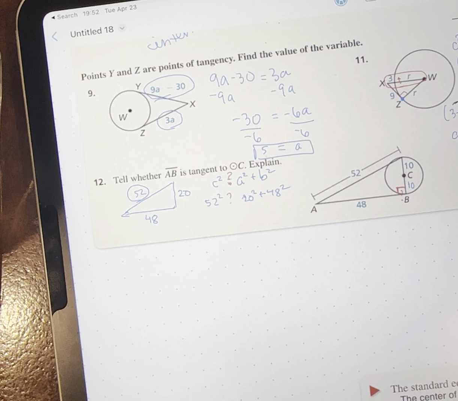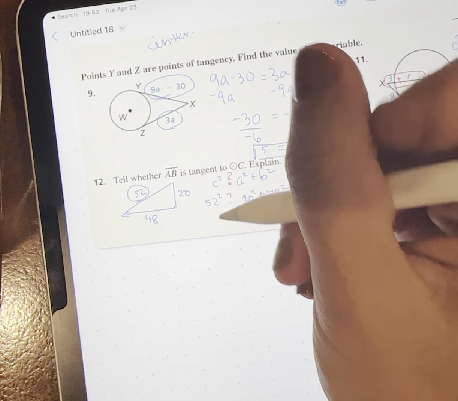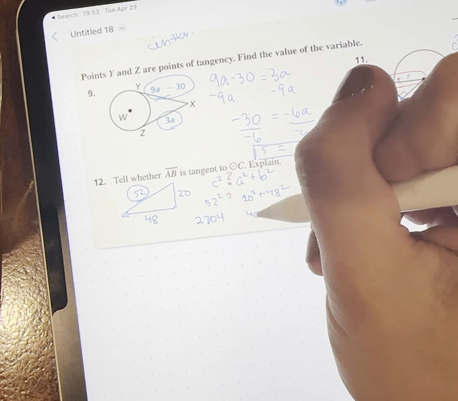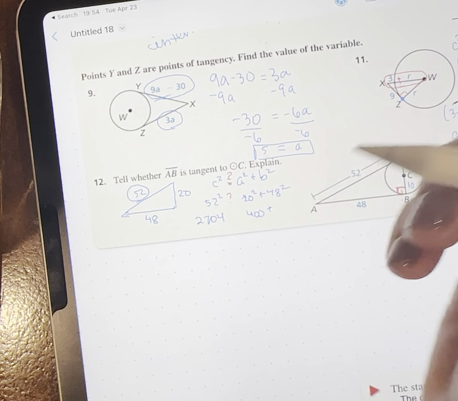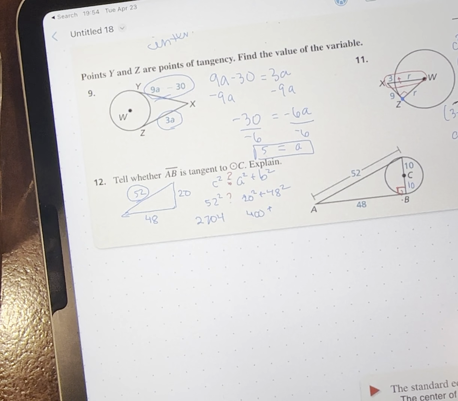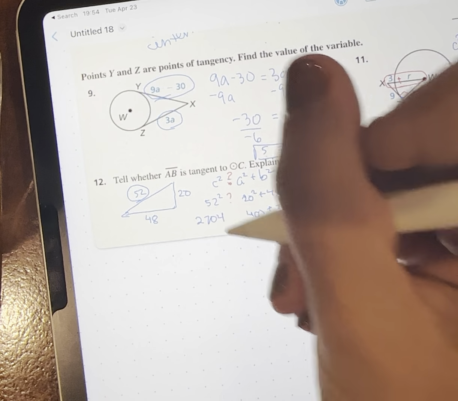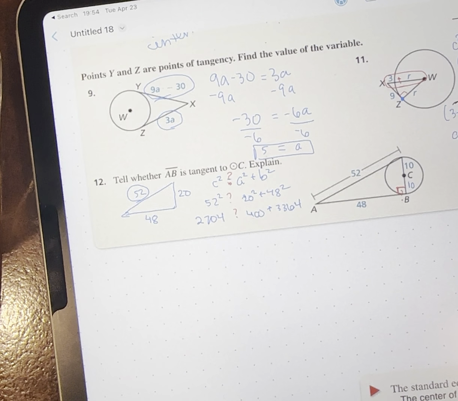Okay. 52 squared. 2704. Okay, I didn't really want that to be red. And then we have 20 squared is 400. And then we have 48 squared is 3364. And then 3364 plus 400 doesn't look very promising, guys.